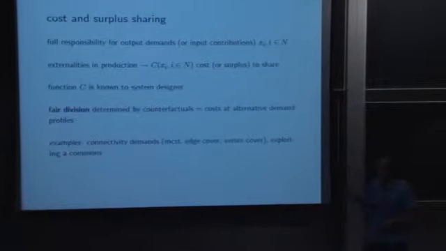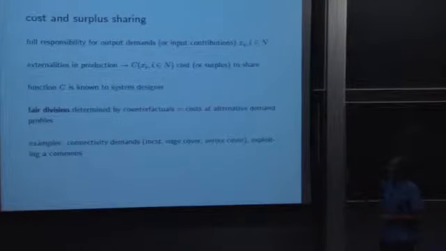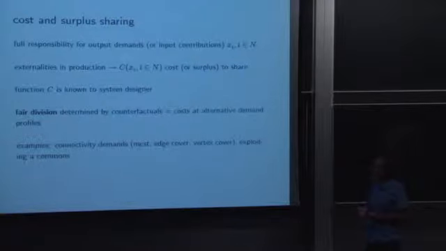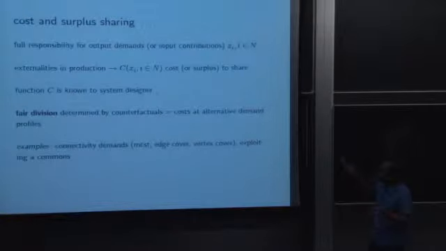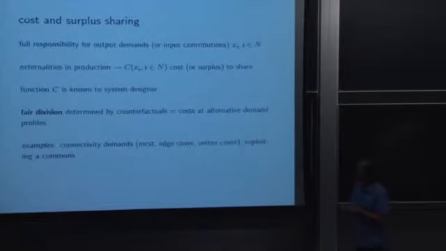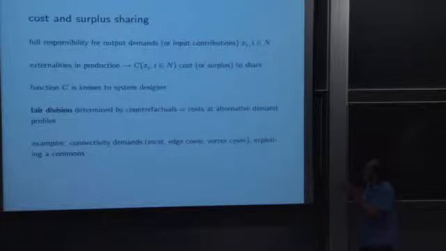But in the first instance, for the first level of models, all you have is the C function and a list of demands xi, and you are supposed to divide this total cost between the participants. So it's a way of expressing responsibility.